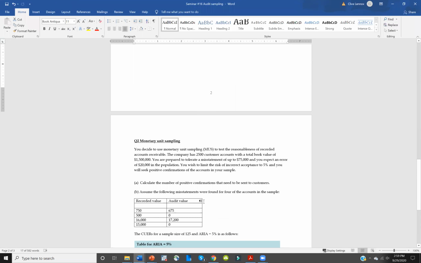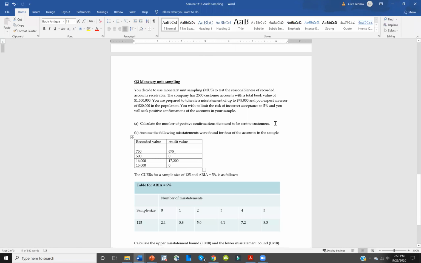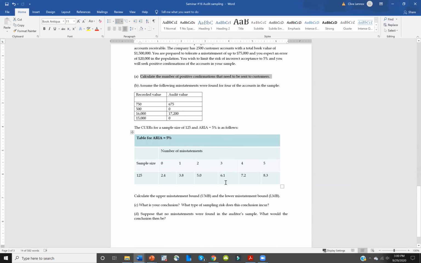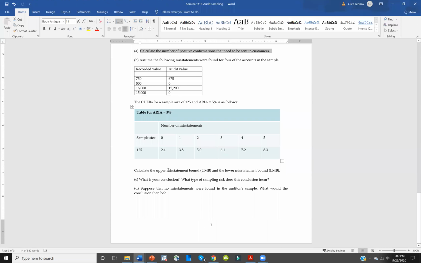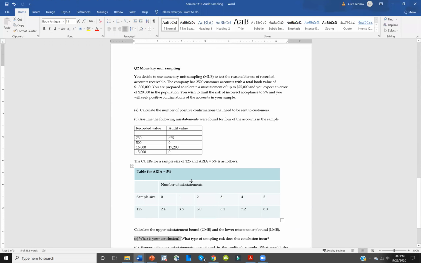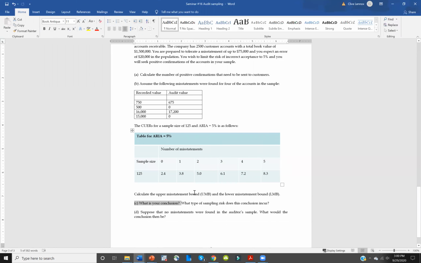The second question is using monetary unit sampling. Okay, so again, you're going to calculate the correct sample size. Then you're going to calculate the upper misstatement bound and the lower misstatement bound. Then you're going to make your conclusion about whether the audited balances for accounts receivable are materially different from the client's recorded balances.